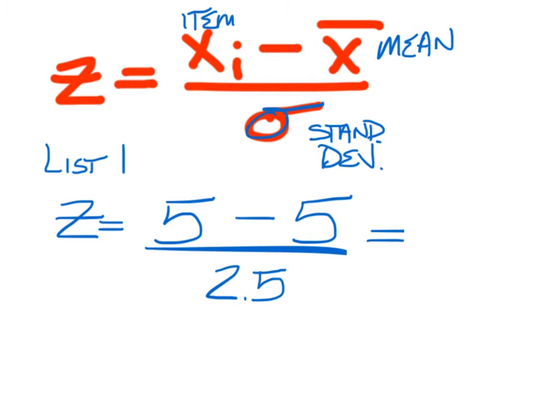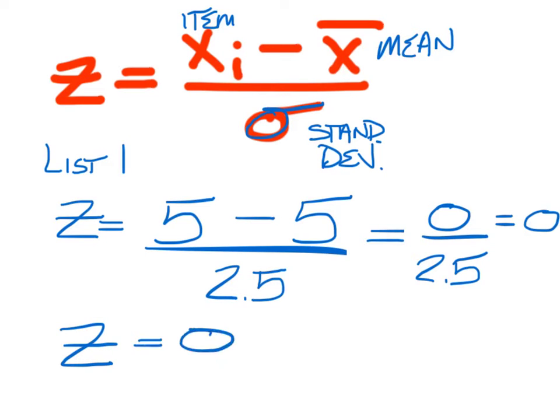So if I do this formula, 5 minus 5 on top, that's 0. Divide by 2.5, the answer comes out to be 0. Hold that number. Z is 0 for the list 1 item. Hold that, and we'll go do the same thing for the other one coming up next.